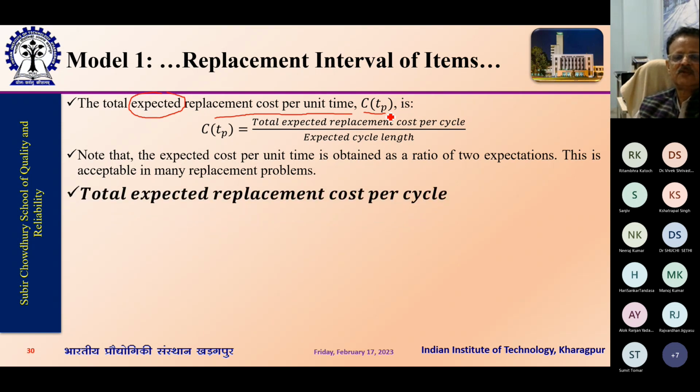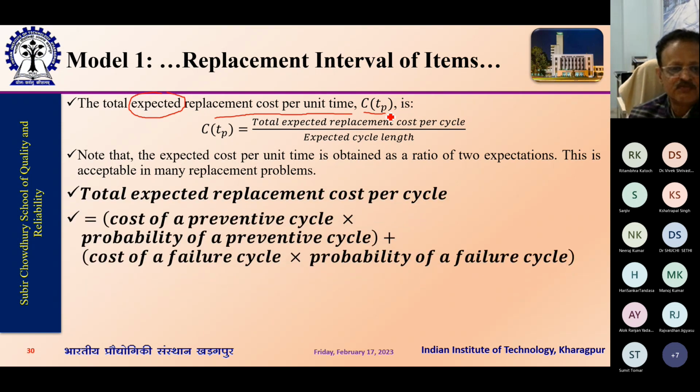The total expected replacement cost per cycle will be the cost of the preventive cycle times the probability of that preventive cycle. This is the probability of not failing between 0 and the preventive replacement interval, which is the reliability. Then add the probability of failure on or before the TP cycle and the corresponding costs.